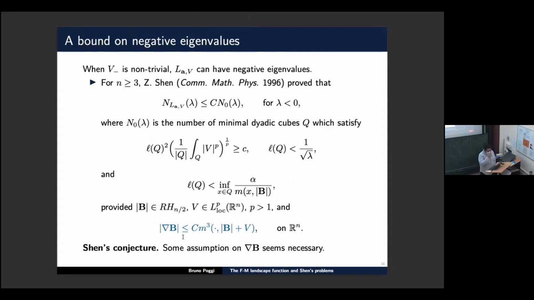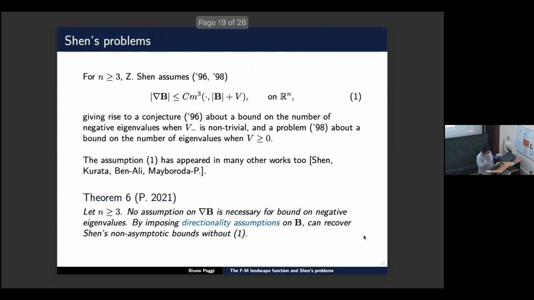He gave this upper bound on the eigenvalue counting function, but he used again the same assumption, which he said seemed too strong, but it appears that some assumption on the gradient of the magnetic field seems necessary to obtain this bound on the eigenvalue counting function.